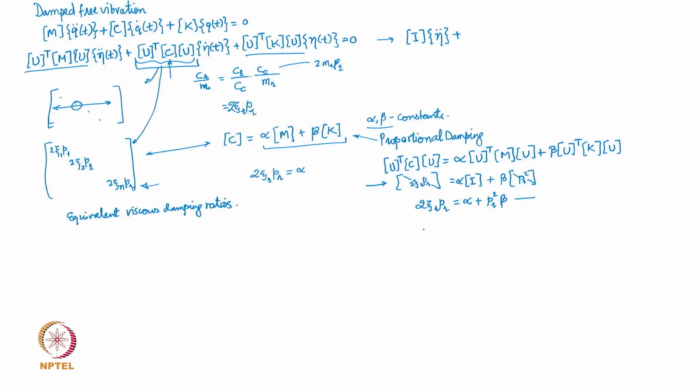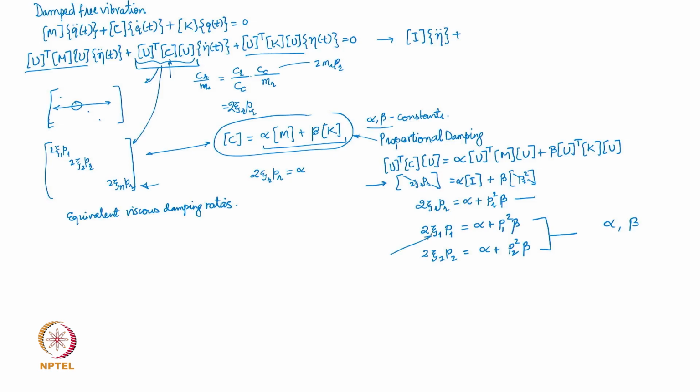So typically what is done is that I can write these as two separate equations, from the first row like this and from the second row, right, I have these two equations. Now the two unknowns that I am trying to get, so that I define this matrix to be used later. So I use some measured modal damping ratios.